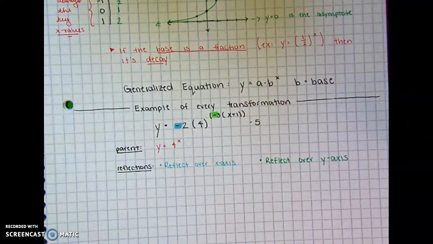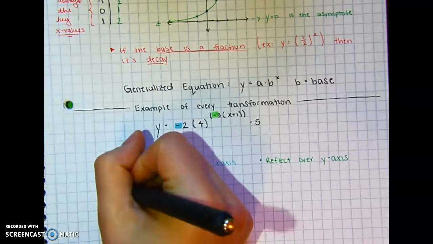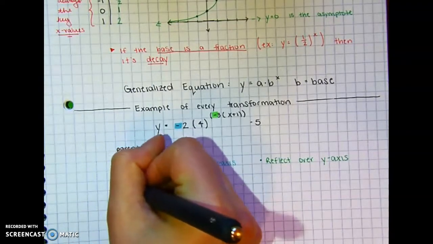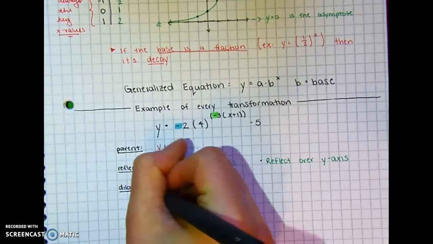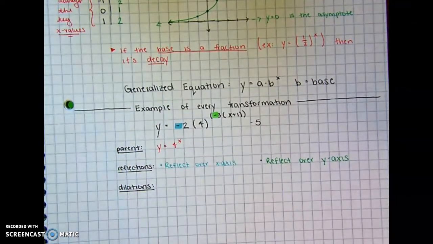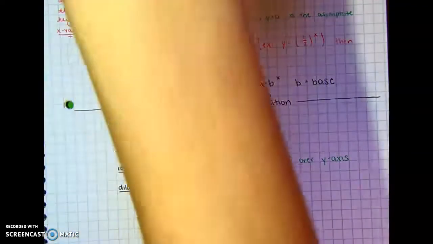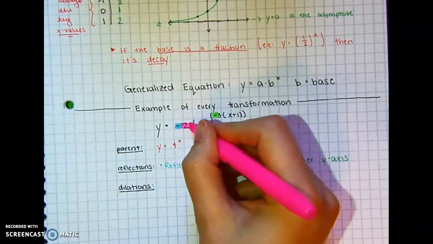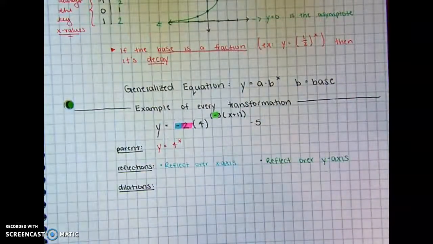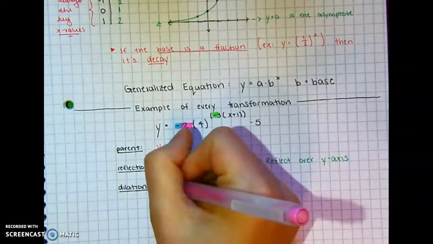Now let's talk dilations. Alright, so dilations are also going to multiply just like they have been for any other function. So here we're multiplying by 2 to the base. And that's going to be a vertical dilation by 2.